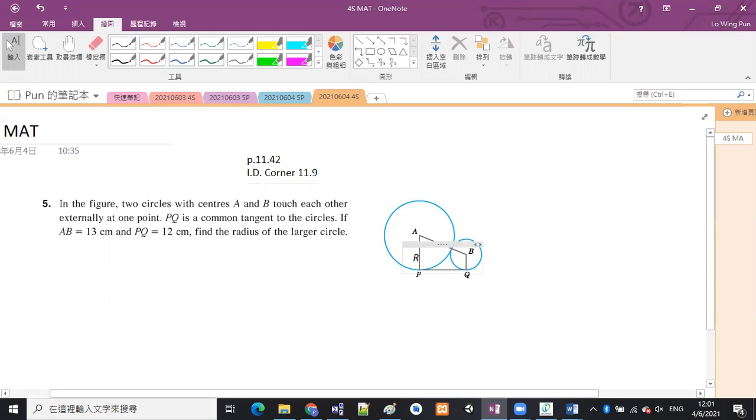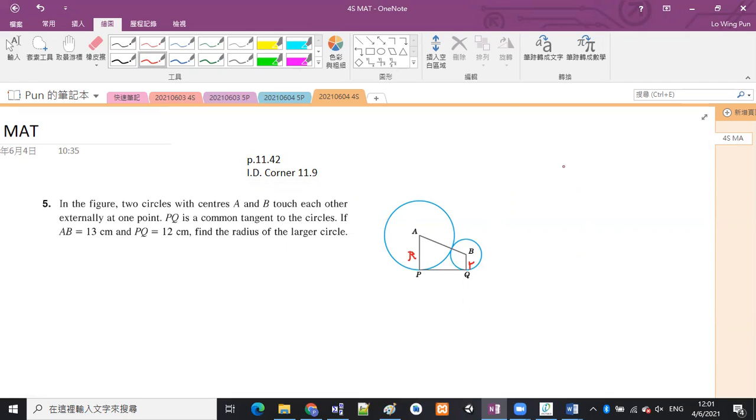Let capital R be the radius of the larger circle, and small r be the radius of the smaller circle. So in this diagram, normally we will cut this trapezium into one rectangle and one right-angled triangle.